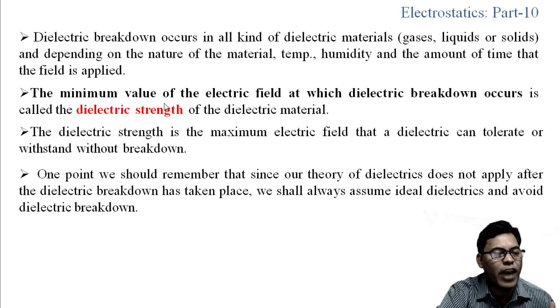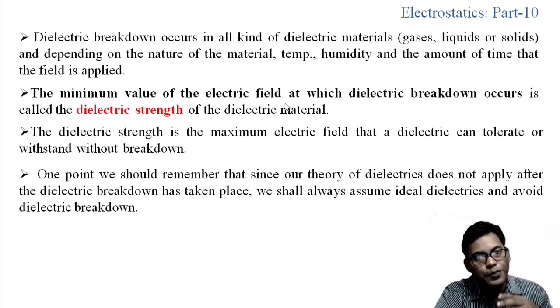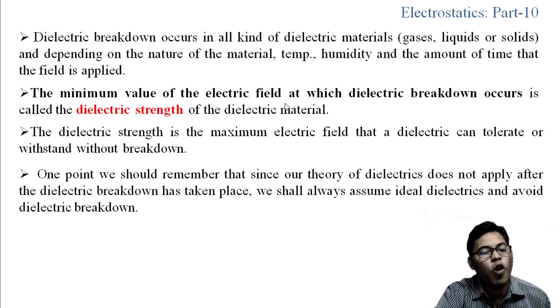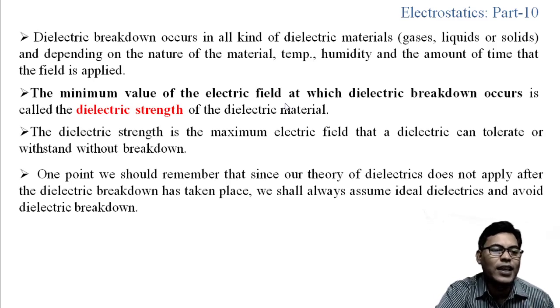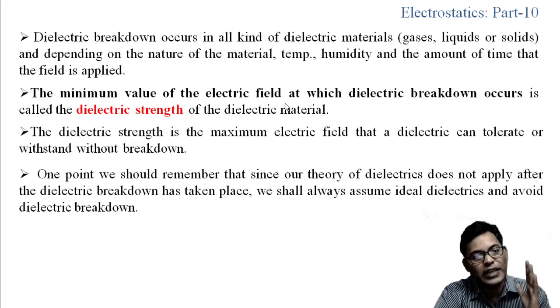The minimum value of the electric field at which dielectric breakdown occurs is called the dielectric strength. In other words, it is the maximum electric field that a dielectric material can withstand without breakdown.